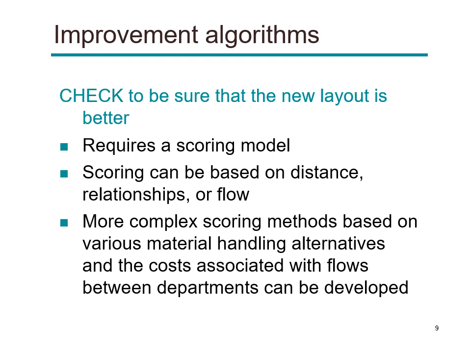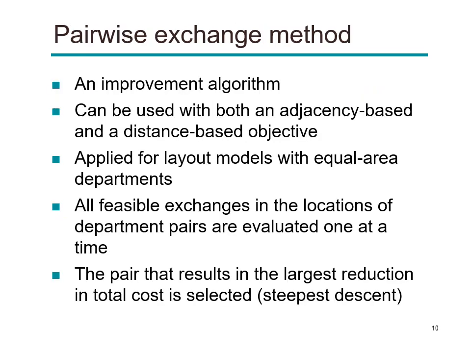But if you already know the material handling alternative that you are going to use, then you can utilize these alternatives and their associated costs and calculate more realistic objective function values. It's also possible.